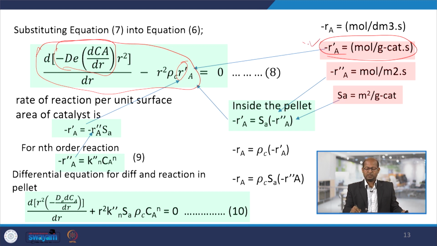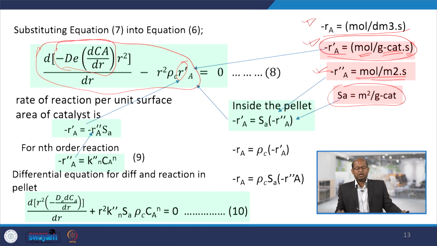So here it is the rate: moles of A reacting per unit mass of catalyst per unit time. The rate can also be expressed differently, as minus R A per unit volume basis, or rate per unit surface area, and the surface area of the catalyst is usually expressed in meter square per gram of catalyst.